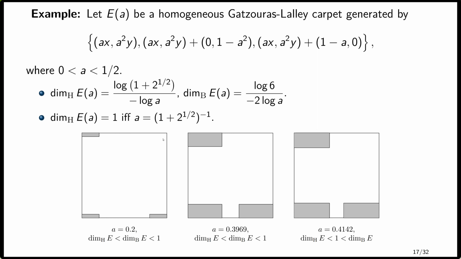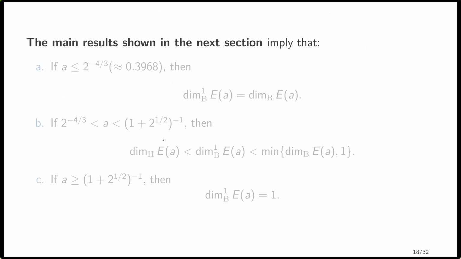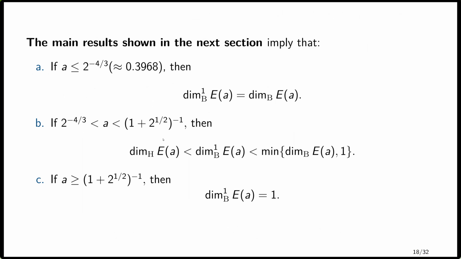So this means that if A is less than this value, that is, the Hausdorff dimension is less than 1, then the projection sets have box dimension strictly greater than the Hausdorff dimension and strictly less than the minimum of the box dimension and 1. So for the third case, if A is greater than this value, that is, the Hausdorff dimension of E is greater or equal to 1, then the projection sets have box dimension 1.